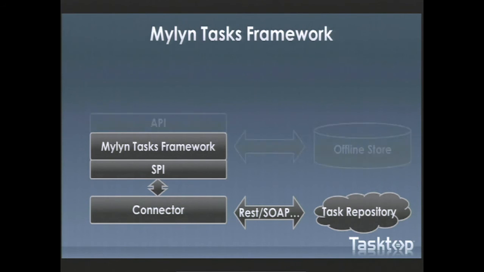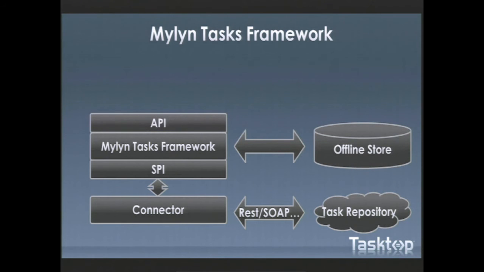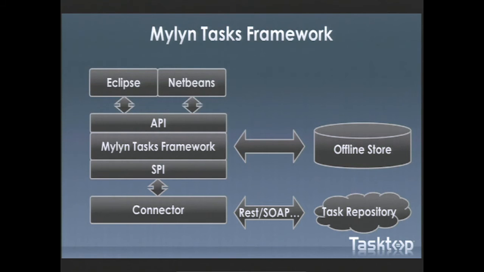And the task framework provides services like an offline store. So the connector gets a task from Bugzilla, translates it to the generic data model, and then the task framework will handle persistence in the offline store, for example. And the task framework component also exposes an API. And that API is what's consumed by the Eclipse UI, and is also now consumed by NetBeans.